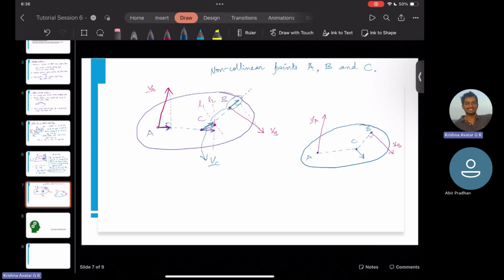It will be parallel to the VB vector, but to determine the length, we'll require the velocity vector at point A. We'll orthogonally project it on the line connecting points A and B, and so we'll have this projected vector here. Translate it here and fix the tail at point C.